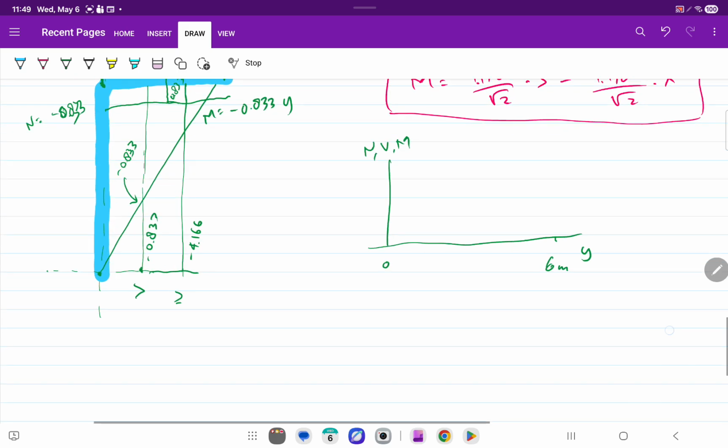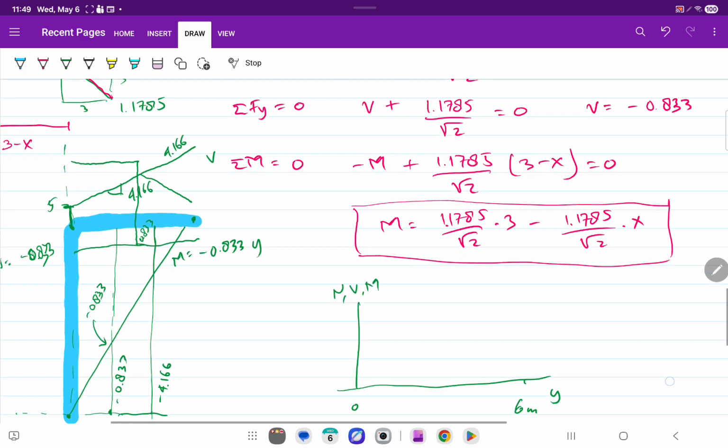Draw the equations, and then you do it again for x from 0 to 3, and this is V and M. Yeah, do it nicely like that. It's easier for you, I guess. Yeah, and follow these equations. That's it. Thank you. So please practice a lot.